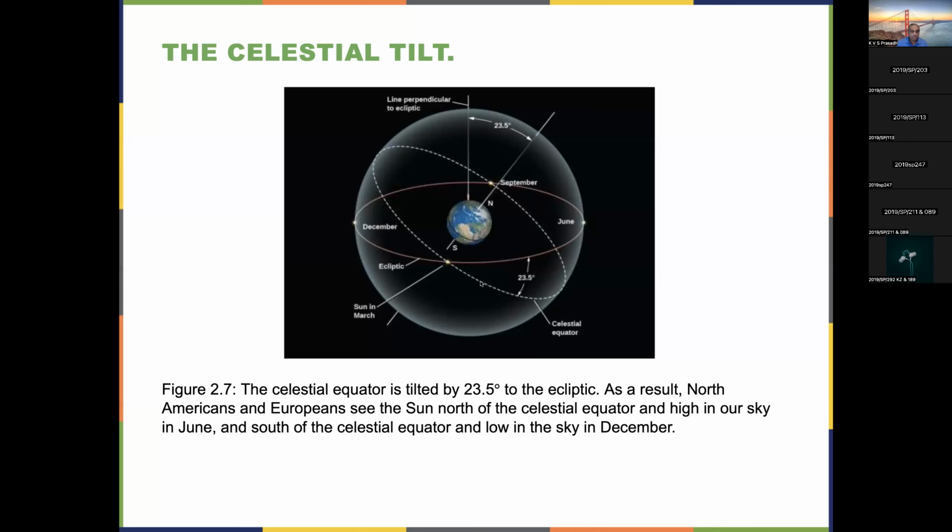And there are two circles that I have marked. The white circle is what we call the celestial equator. And then apart from that white circle, there is another circle in red color, right? That is called the ecliptic, right? So the ecliptic is basically defined as the path of the sun, how the sun moves on the sky.